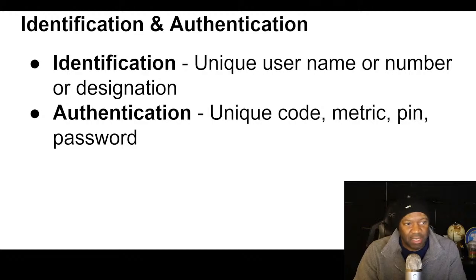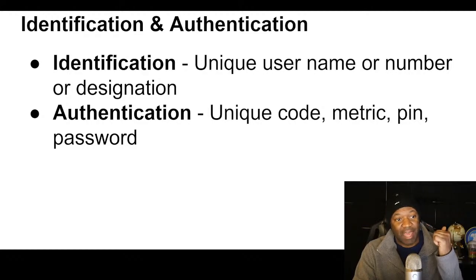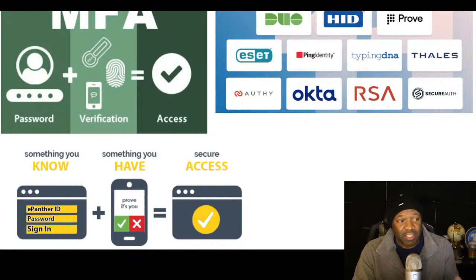Identification is having a unique user for every person who's on your network. Authentication is having a unique code to identify that person, to verify who that person is. You can do this with not only PINs and passwords, but also with biometrics: something you have, something you know, something you are.